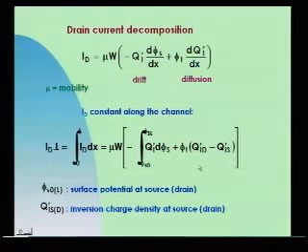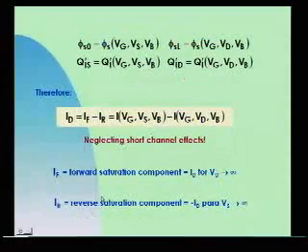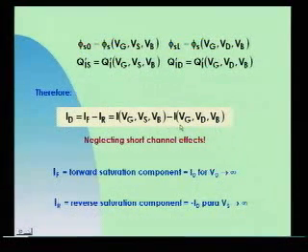When we integrate this, we will have, as a result, an expression that depends on the situations in each end of the channel. Sure. The expression will depend upon the values of the charge density at the source end and at the drain end, and of the values of the surface potential at the source end and at the drain end. So we can write the drain current as the difference of two similar functions.